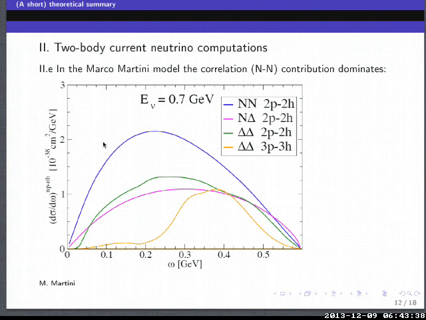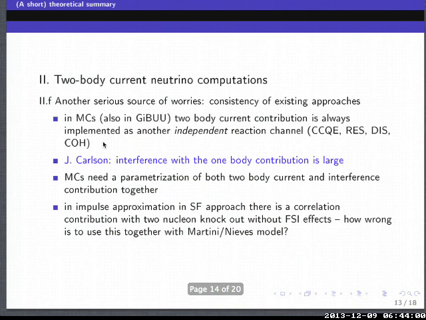So that diagram alone by itself is probably not gauge invariant, right? I hope this point will raise some discussion.